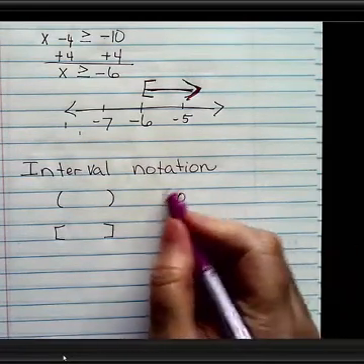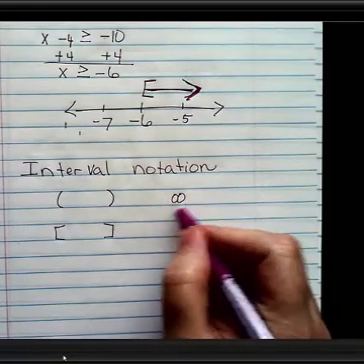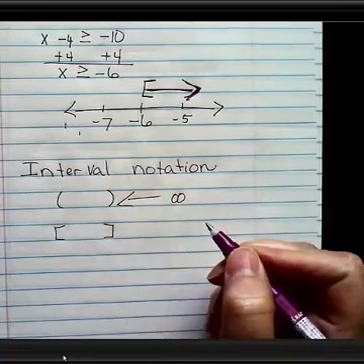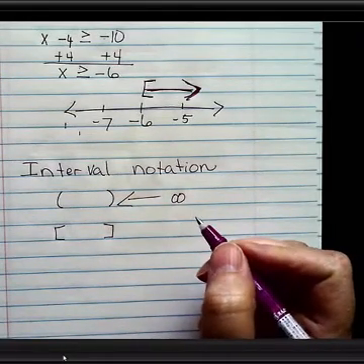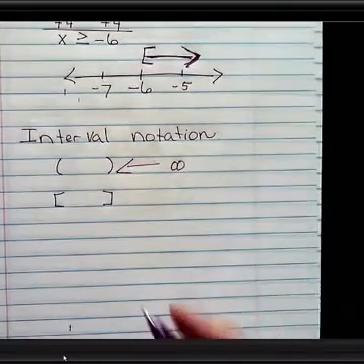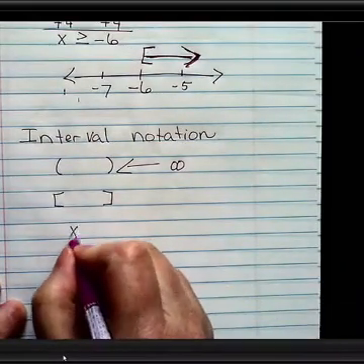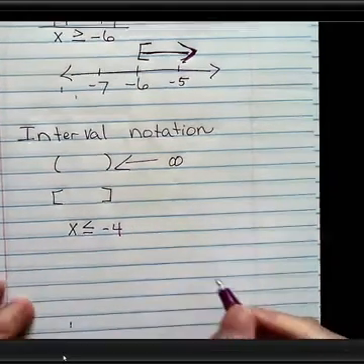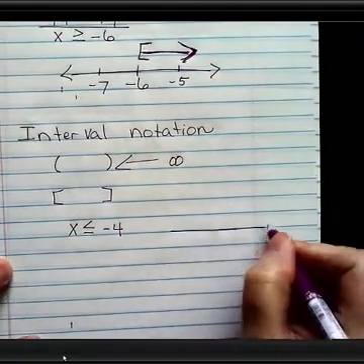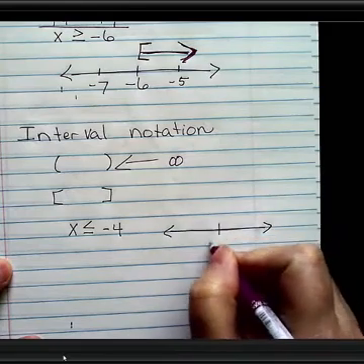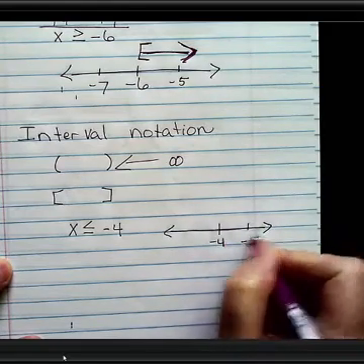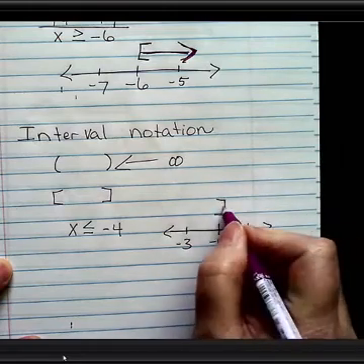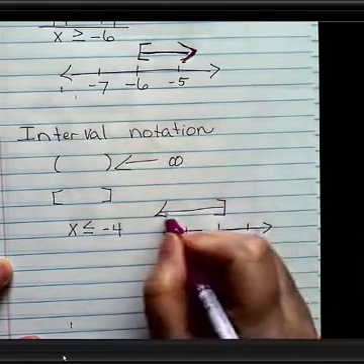If your number has an infinity with it, it's always going to have a parentheses. Okay? And let me explain to you what I'm talking about. Let's say that I had x is less than or equal to -4. If I plotted this on a number line, I would have a bracket here going this way.